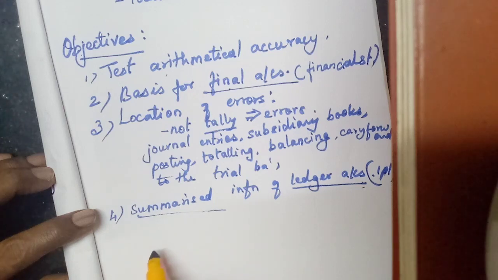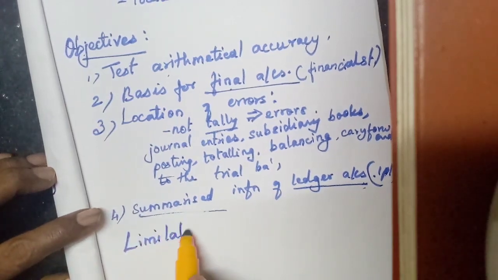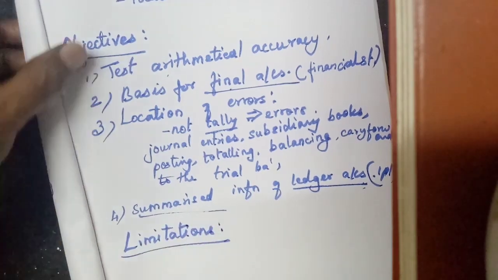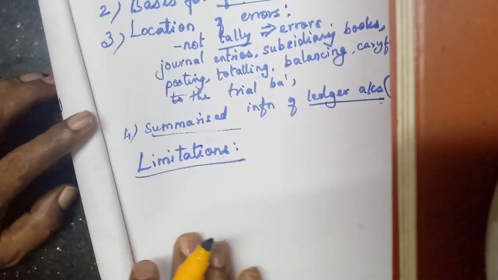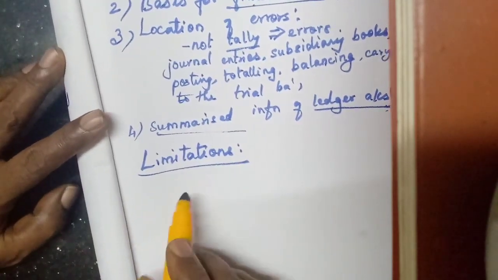Now the limitations. Some drawbacks are also there in the trial balance. What are those limitations?